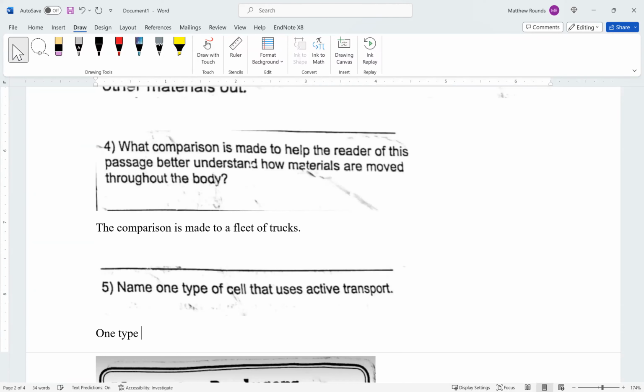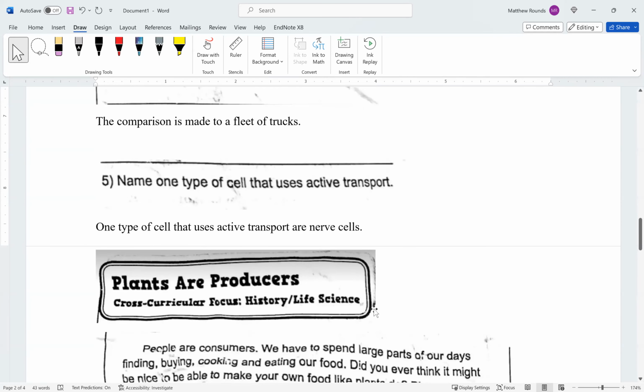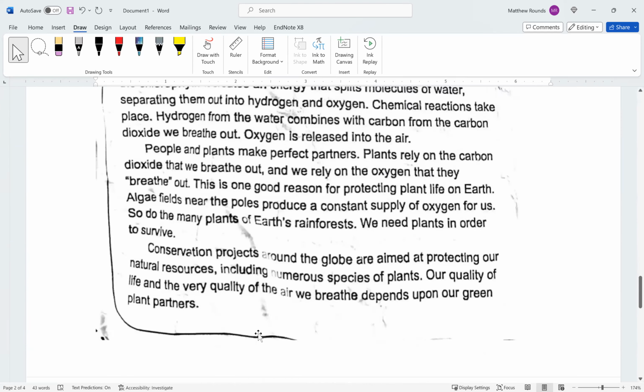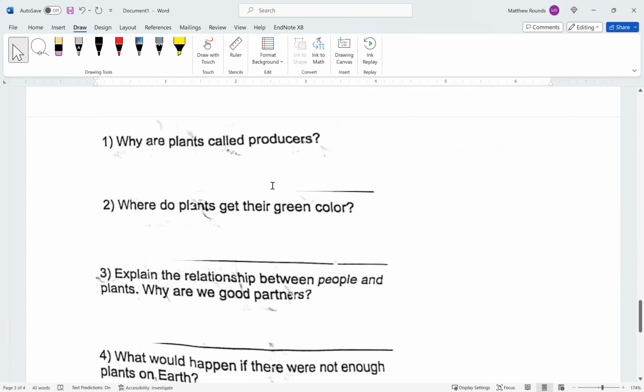One type of cell that uses active transport is, or are, nerve cells. Got it. Okay. You said you got it? Uh-huh. All right. So flip your page over and let's read the questions on the other page.